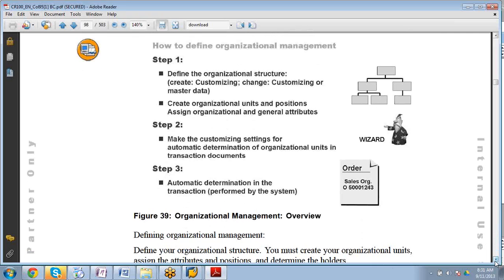You take this one. There are 3 steps in defining org management. We'll do it in this format. First we'll define, then we'll do the customization. Third, we will test it. Step 1 is defining an org model. Step 2 is customizing. Step 3 is testing that in the system.